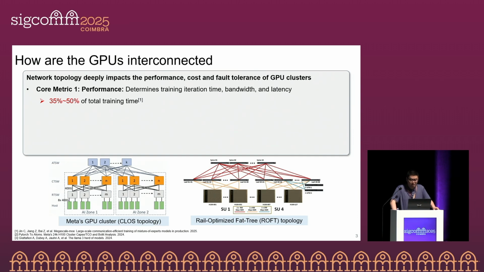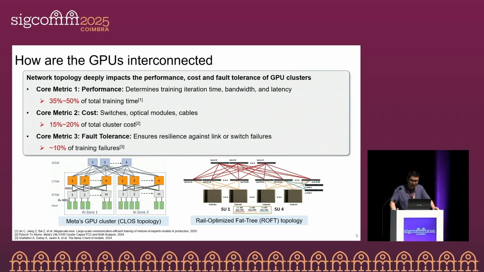Communication can take up 35 to 50% of the total training time. The second metric is network hardware cost, which usually accounts for 15 to 20% of the total cluster cost. And the third metric is fault tolerance. About 10% of training errors are caused by network issues.